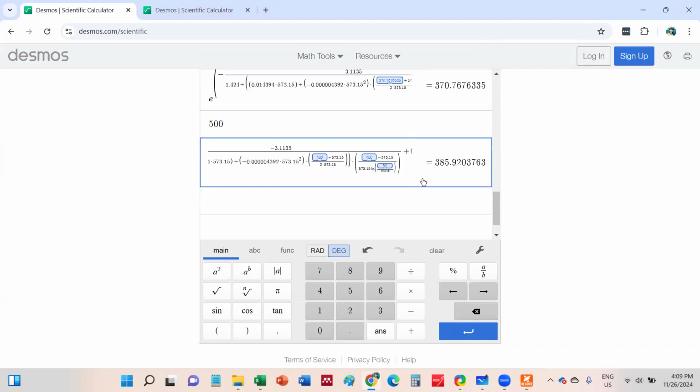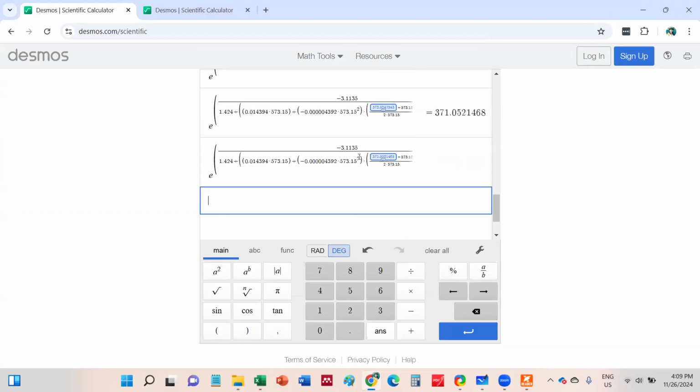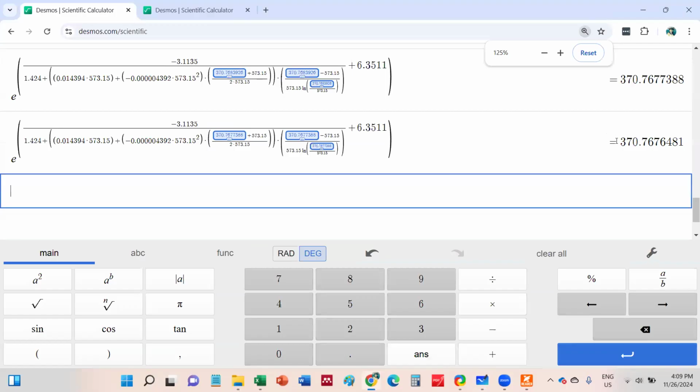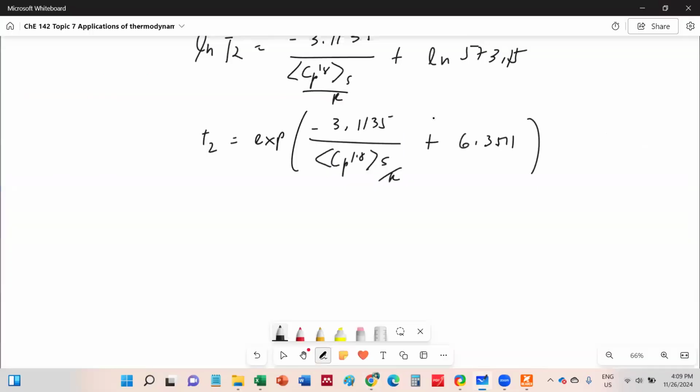So you enter. Oh, that's not working. Until the value, see, it's not changing anymore. Well, that's how you iterate. So the value is 370.76.